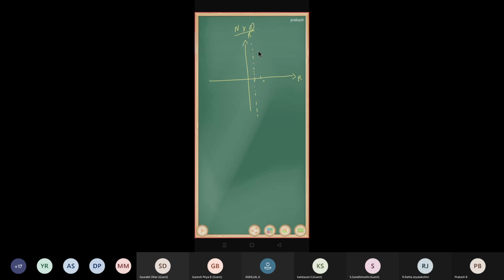Then 2. So this is our subspace N cross Q, right?